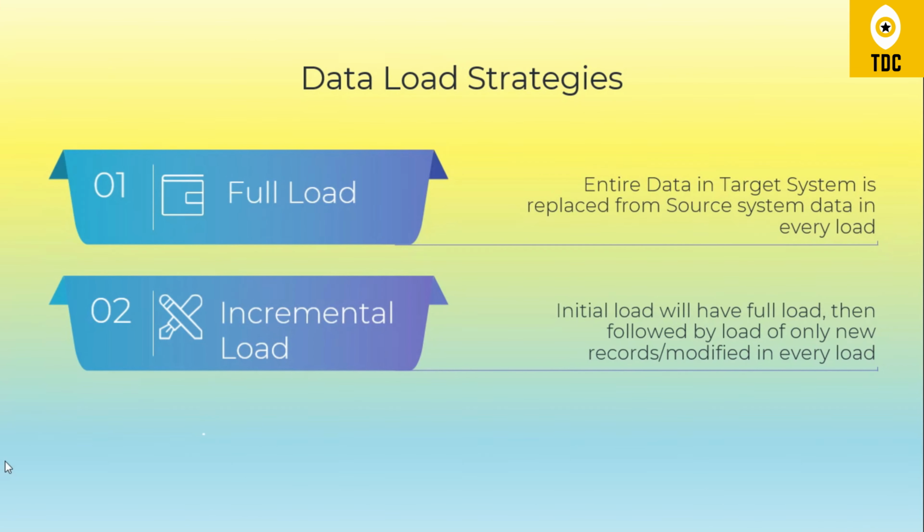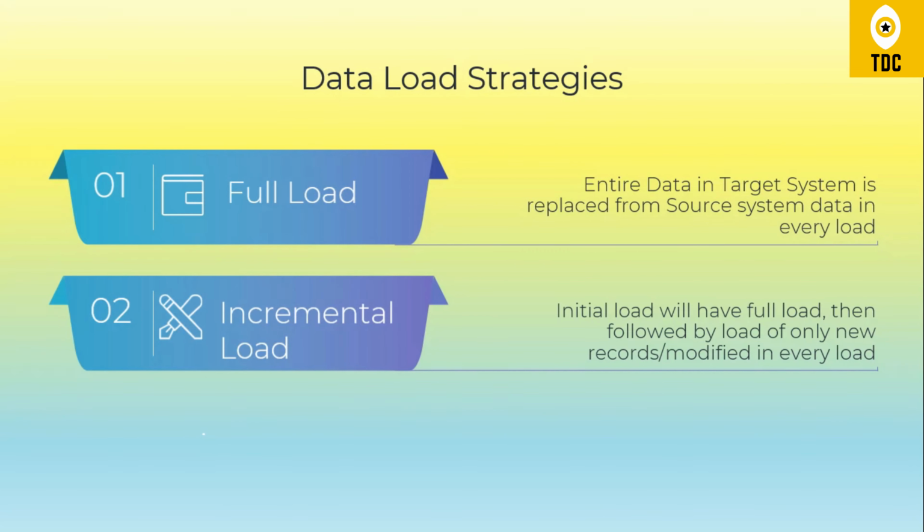So to start with, we will define what is full load and what is incremental load. Full load is nothing but the entire data in the target system is replaced from the source system data in every load. That means whenever we are ingesting the data from the source system, the entire data is ingested and the data in the target system which already exists will be replaced with the fresh data which is coming in.